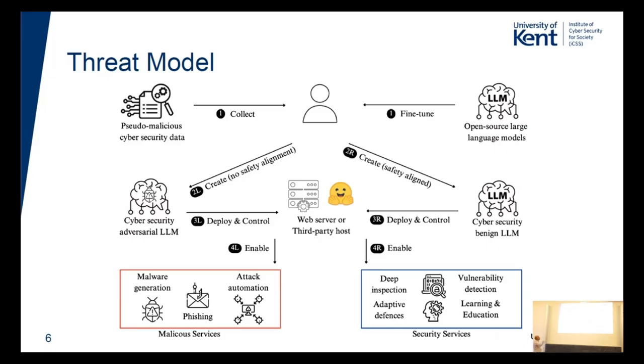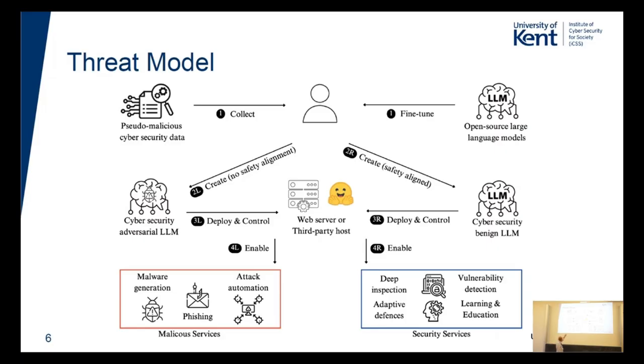LLM. And this person can decide two things, either going to the left-hand side, which is more malicious, the red box, or going to the safety line on the right-hand side. So for example, this could be some security researcher, or pen tester, or someone who might want to use it for ensuring the security of the system. And then they can do this kind of fine-tuning, and depending on the path they take, they can create scenarios that will be at opposite ends.